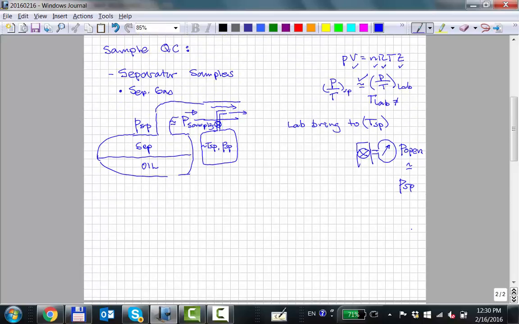But I'll give you a number because you want a number, and there's not a number out there: if it's within 5%, it's probably okay. 5% is a good engineering number. But you've got two samples, so take the one that's closer to the separator pressure. It's probably the better sample. So let's say within about 5%.